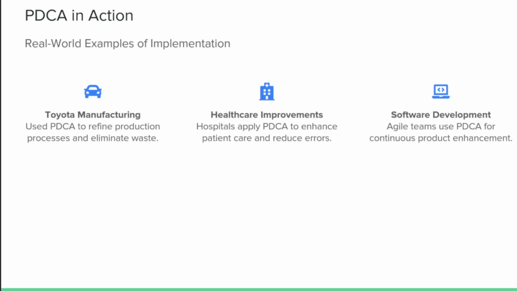In the same fashion, healthcare institutions implement PDCA to reduce medical errors, streamline workflow, and enhance patient care. In the software industry, agile teams rely on PDCA principles to continuously test, iterate, and improve the product.